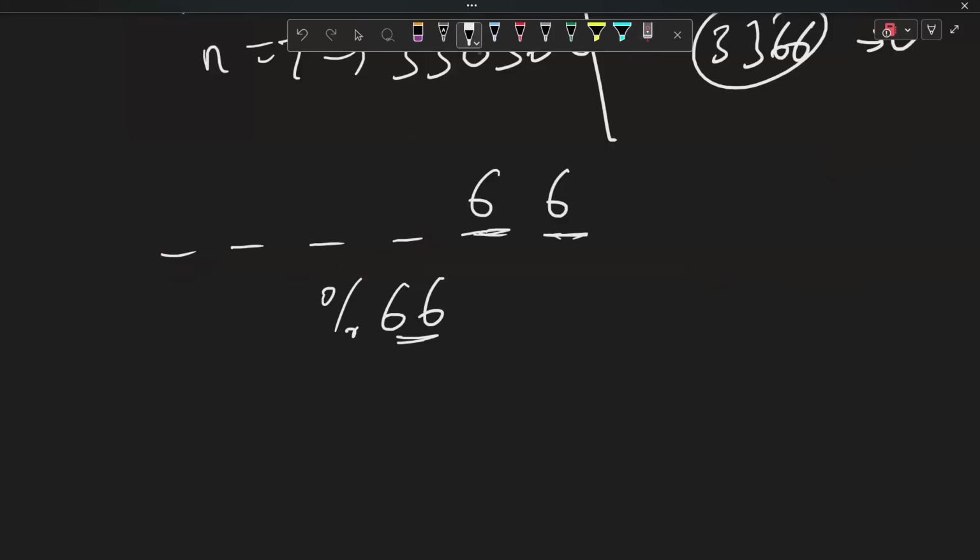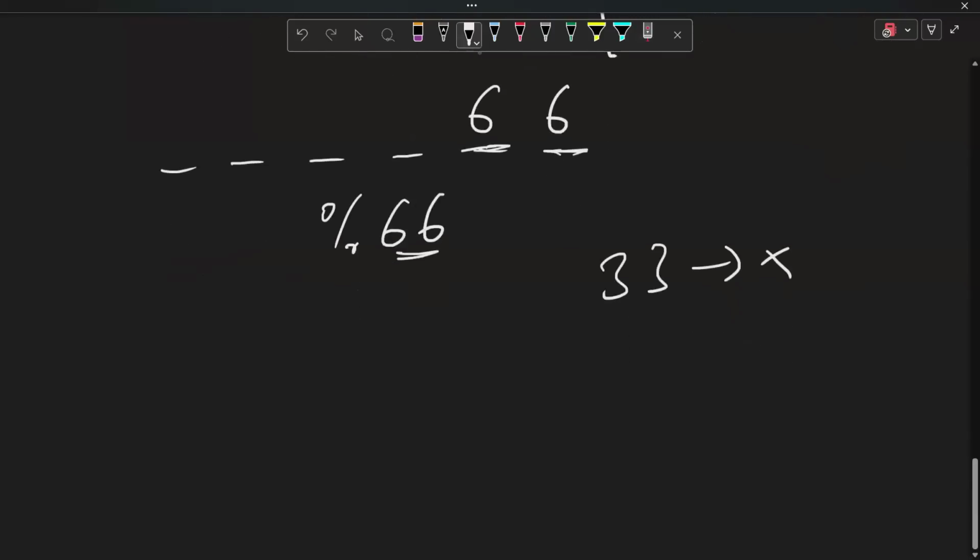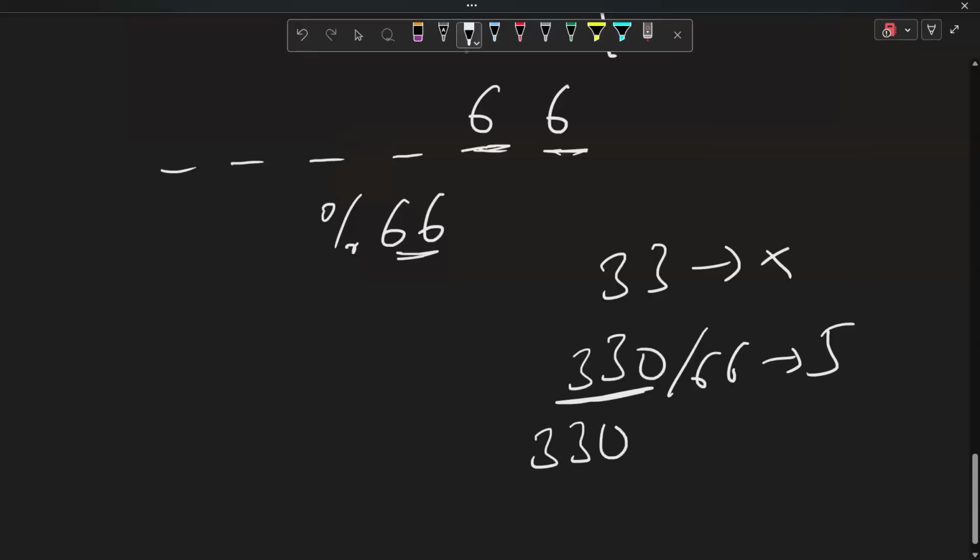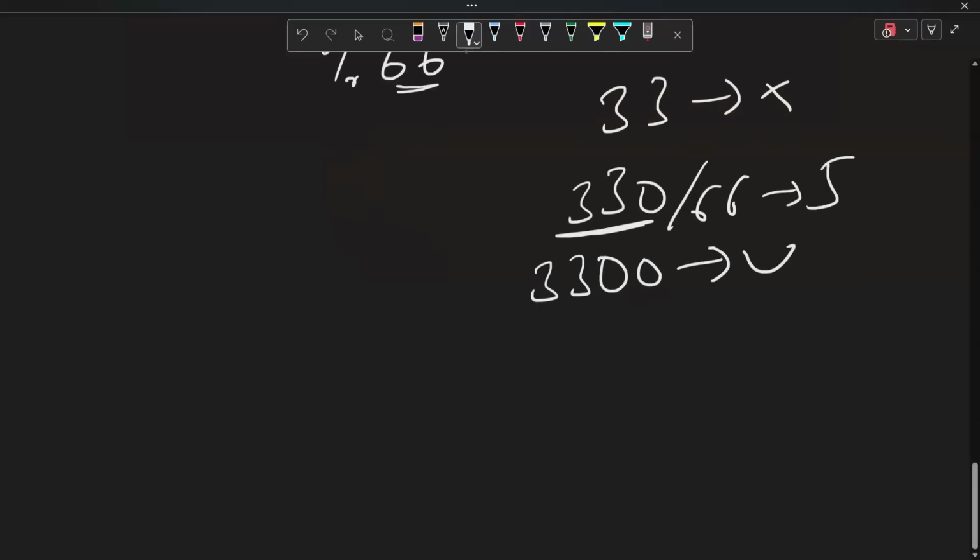Now if you look at 33, what all numbers are divisible? 33 is not divisible, but if it is placed towards this side, if you look at 330, this divided by 66 is 5, so this is divisible. After that, if we multiply by 10 anything, 330 would always be divisible.